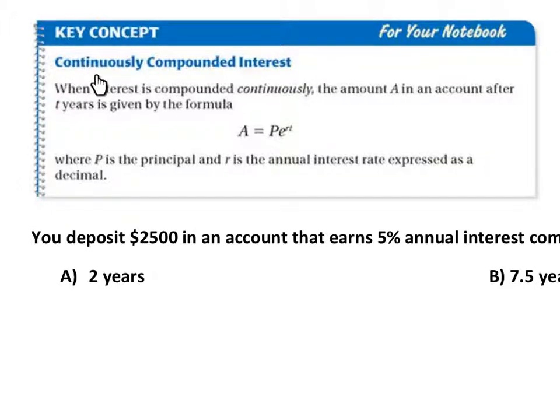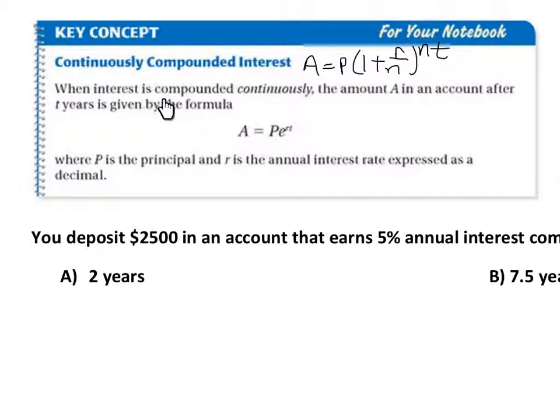Continuously compounded interest. We talked about compound interest where it was A equals P times 1 plus r divided by n, to the nt. The biggest difference here is that it says continuously.